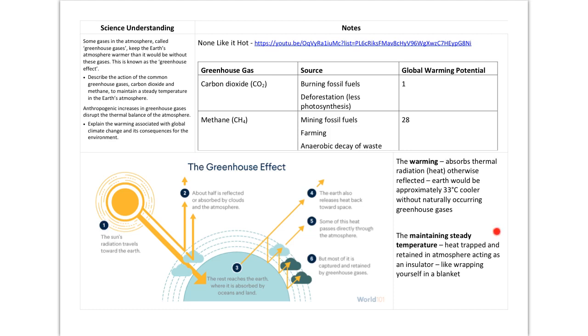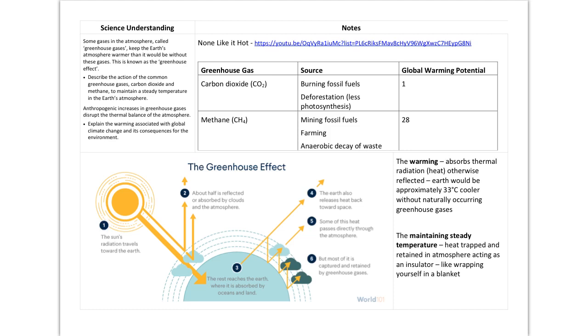However, they also help maintain a steady temperature, so we don't get really large fluctuations in our temperature between the daytime when the sun is shining on the Earth and the night time when it's not, or between summer and winter when there are significantly different amounts of solar radiation hitting the Earth, or between the equator and the South Pole, which also experience significantly different amounts of thermal radiation reaching the surface.